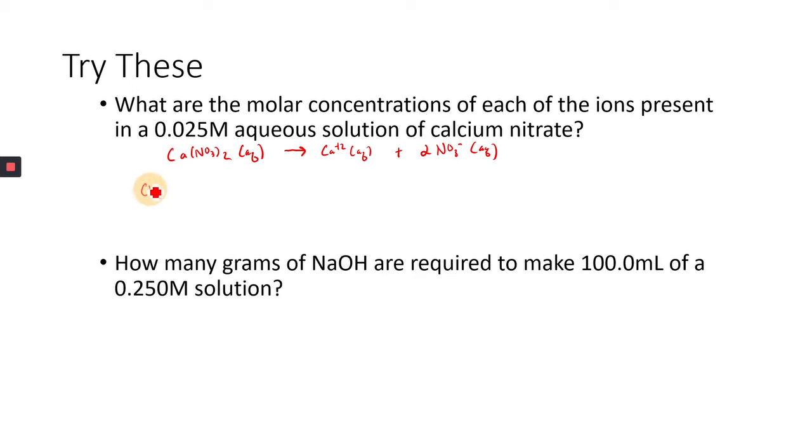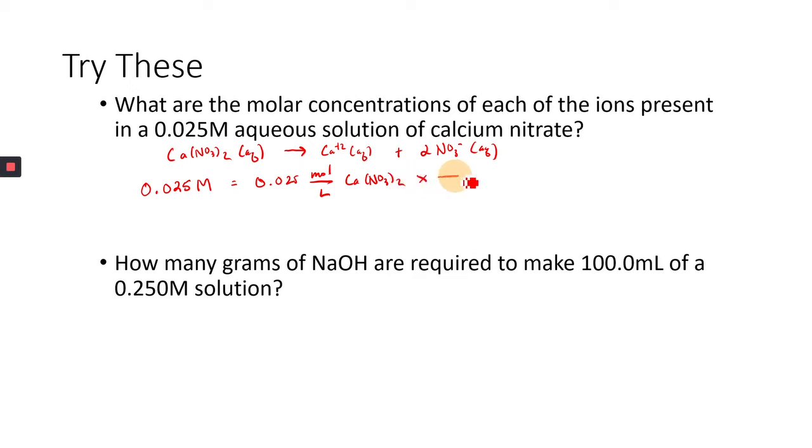So now what are we starting with? 0.025 molar, which just means 0.025 moles over liters, and this is of calcium nitrate. But we want to know for each ion. So we have to do it once for calcium ion and once for nitrate ion.